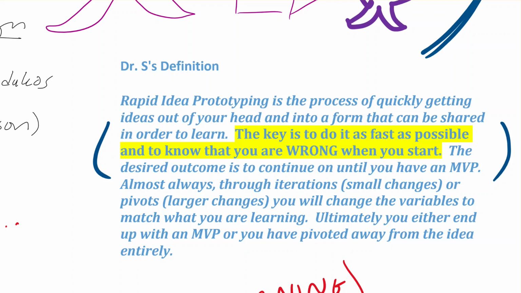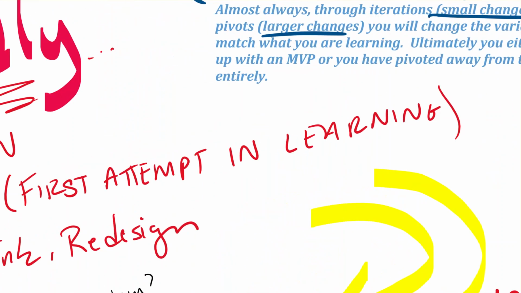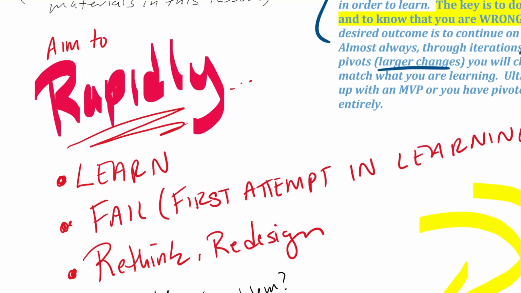And this is happening through small changes or large changes. You'll see that the different variables themselves will shift and change. We'll talk about those variables in a second. But either you're going to end up with the MVP or you're going to pivot away from it entirely and go to something else.